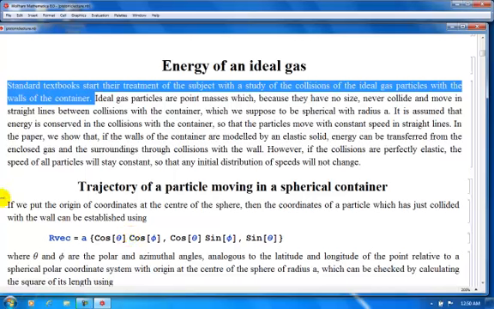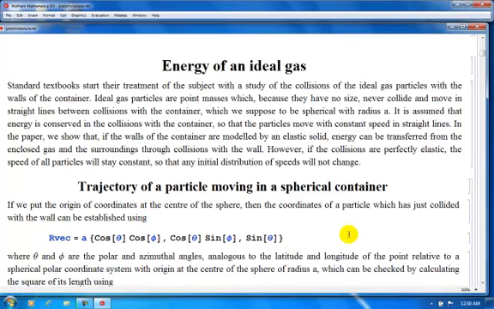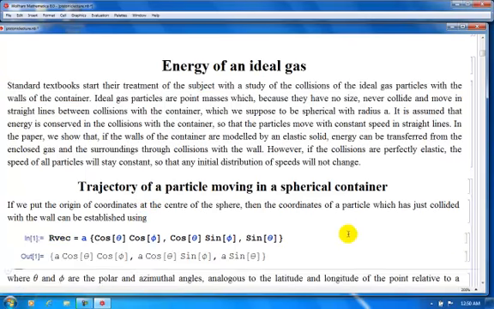If we put the origin of coordinates at the center of the sphere, then the coordinates of a particle which has just collided with the wall can be established using this formula. So this is a vector with radius a and described by two angular variables: theta, called the polar angle, and phi, called the azimuthal angle, which is analogous to the longitude on the Earth.